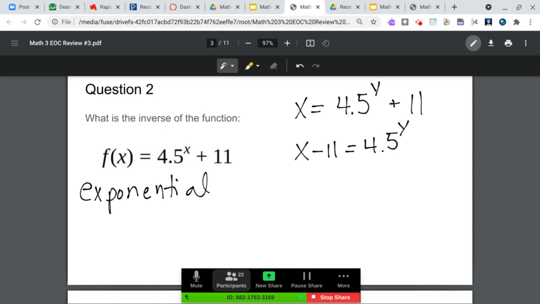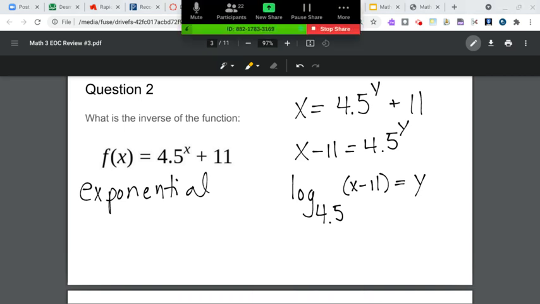Step 3, we convert it into logarithmic form. So currently it's an exponential. To get the inverse, we switch to log base 4.5 of x minus 11 equals y, or f inverse of x.